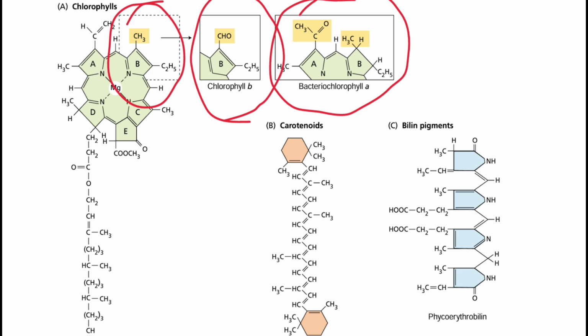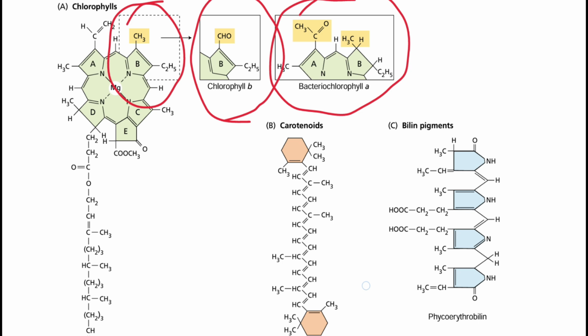First one is chlorophyll A. Look, a long hydrocarbon tail. It helps them anchor in the hydrophobic region, and this ring-like structure, which is light green in color, is called the porphyrin ring, and in the middle of the ring is magnesium.